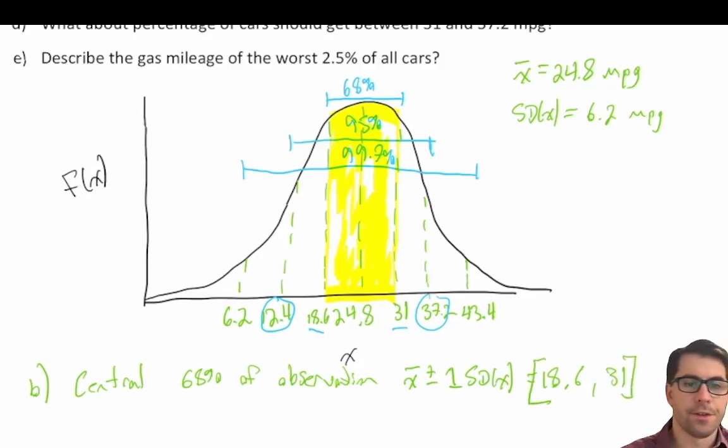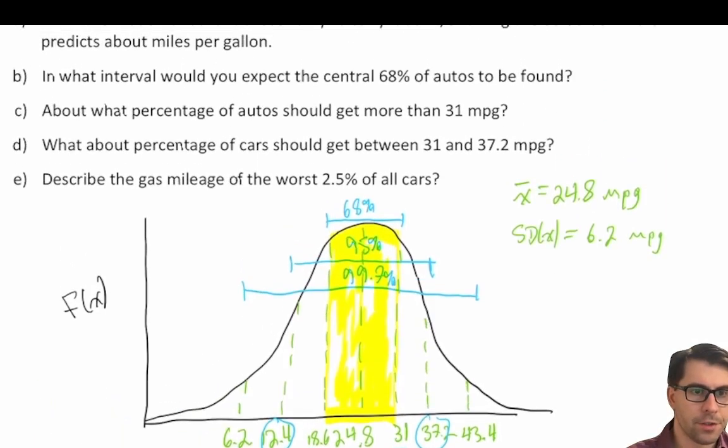So that's the interval in which we would expect to see our central 68% of our observations.